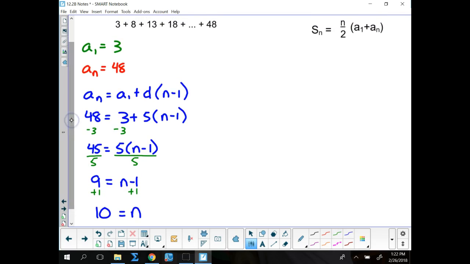So now I get to go over here and I get to say the sum of the first 10 terms is equal to 10 divided by 2 times the quantity 3 plus 48.